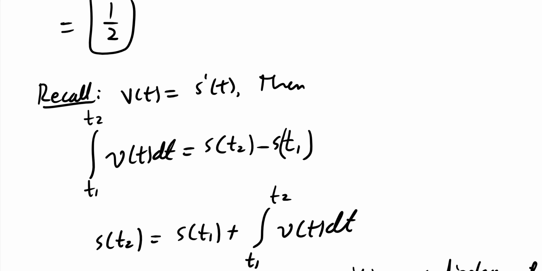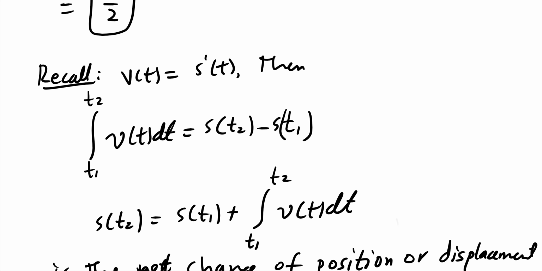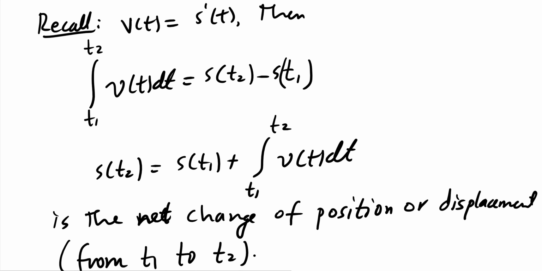This is called the net change of the position, or displacement, from t1 to t2. This last equation we wrote tells us the change in the position from time t1 to time t2.